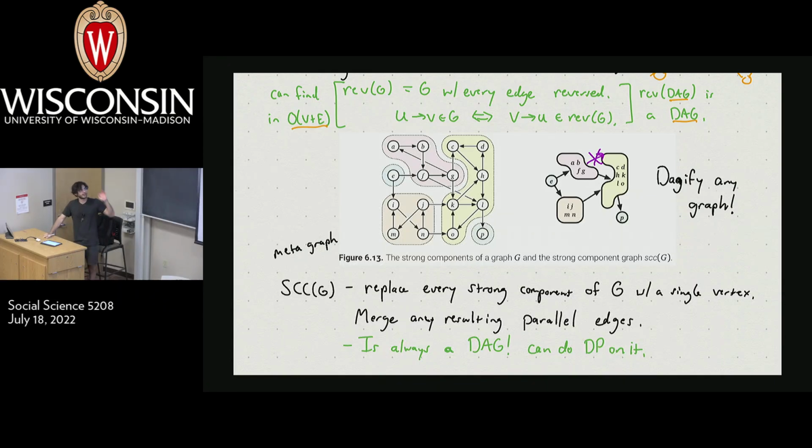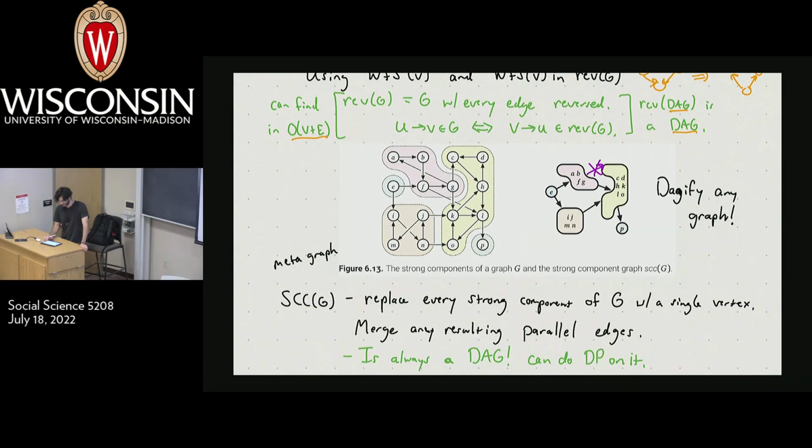You can take a very complicated graph, maybe you want to solve some problem on it, and sometimes all you have to do is create the DAG version, the strongly connected component graph, and then do dynamic programming on it. You can because it's a DAG. And this is surprisingly used all the time. So strongly connected components are extremely useful.